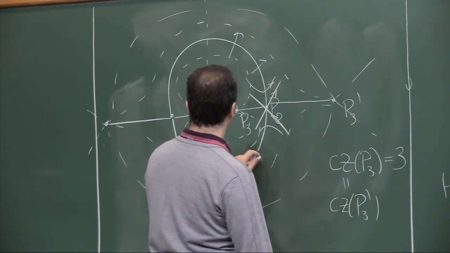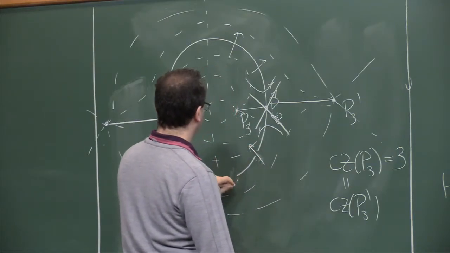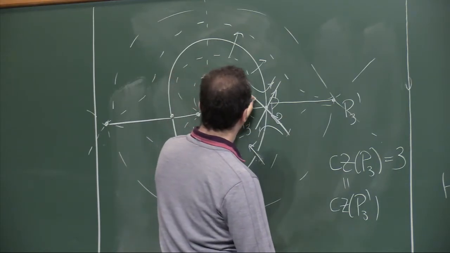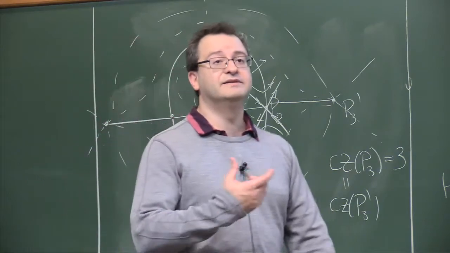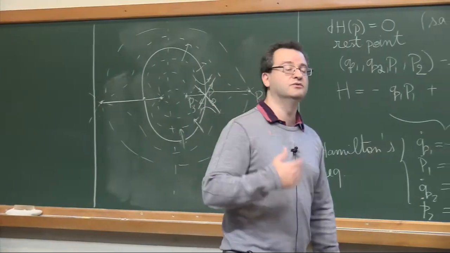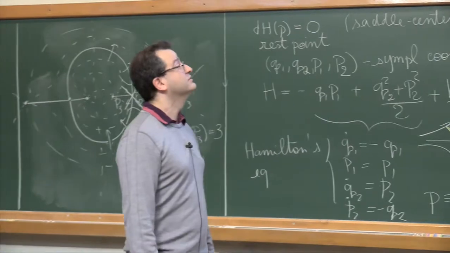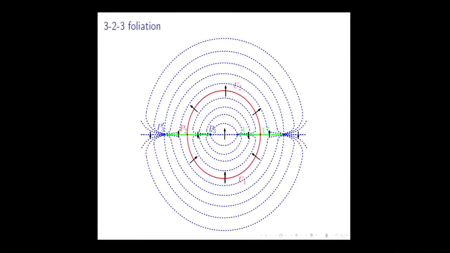And this foliation implies that there are infinitely many homoclinics to this hyperbolic orbit. So this could be one way to show that in the three-body problem there exist infinitely many homoclinics to the Lyapunov orbit near L1.